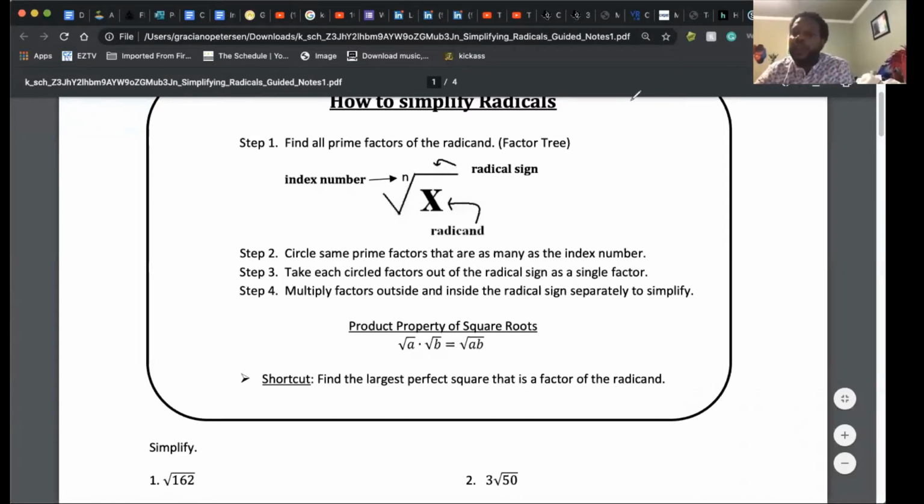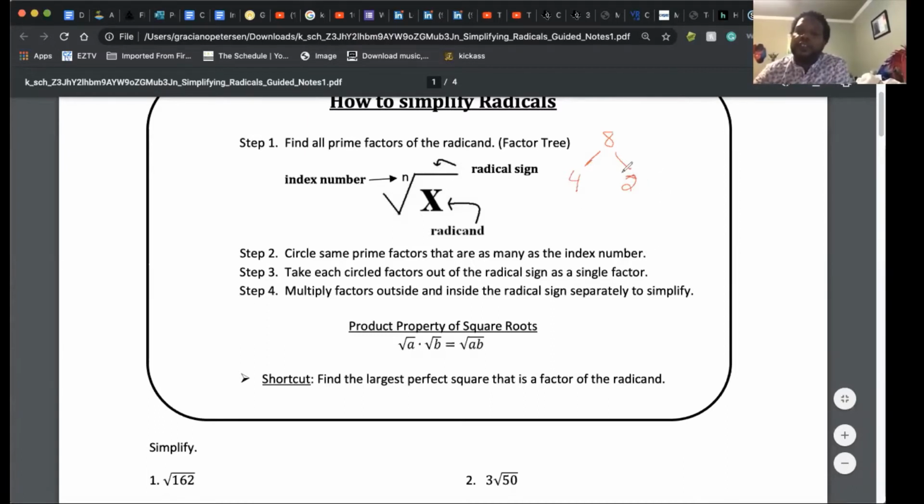If I have the number 8, we'll start with a really simple number like 8. What two numbers can I multiply together to get 8? Well, I can do 4 and 2. Okay, so 2 is a prime number, right? It cannot be broken down any smaller than 2.